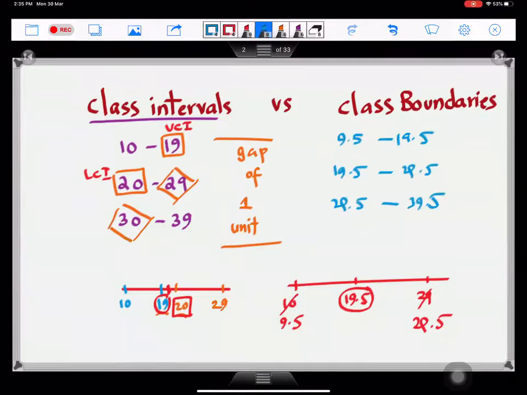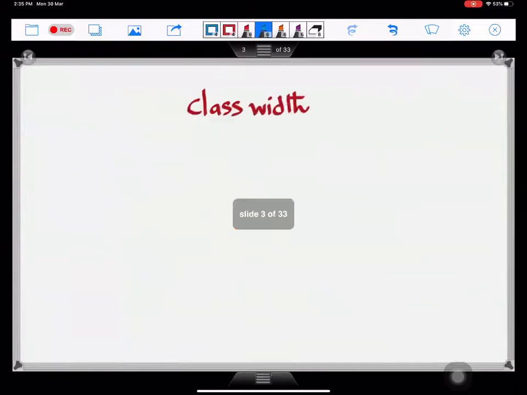So this is the first and the foremost knowledge that you need about drawing a histogram. Second thing, what is class width? There are two ways of explaining class width. First way, upper class interval minus lower class interval plus 1.